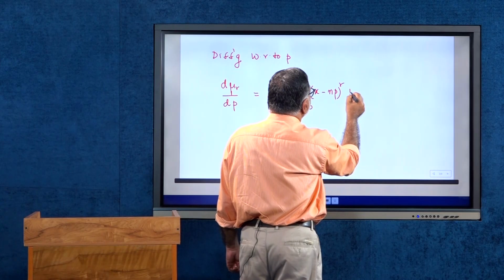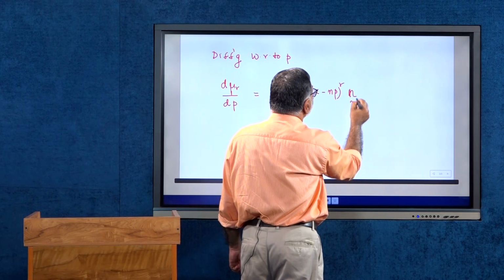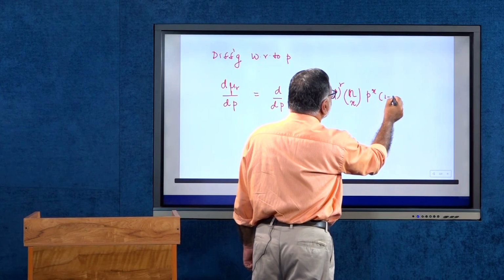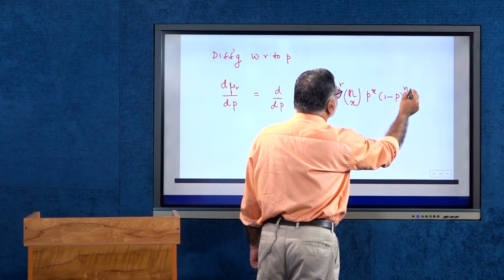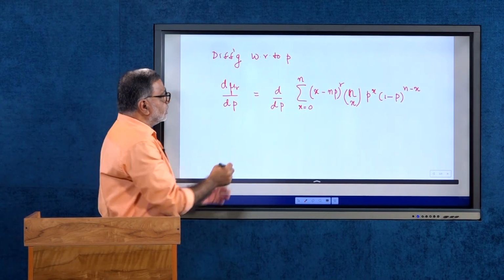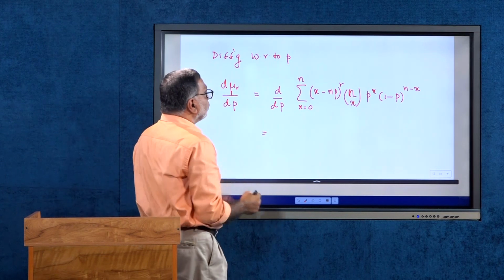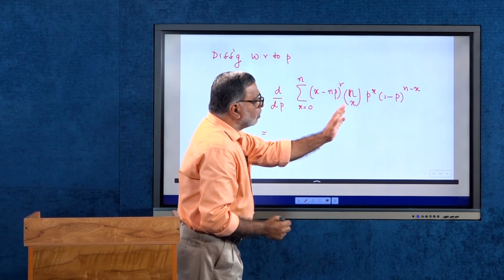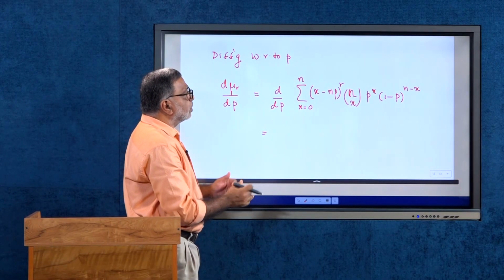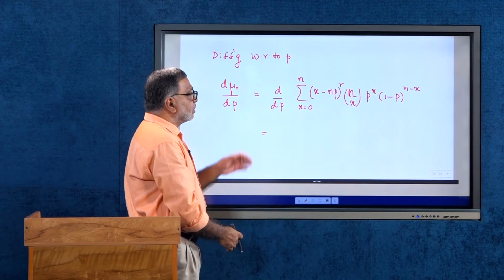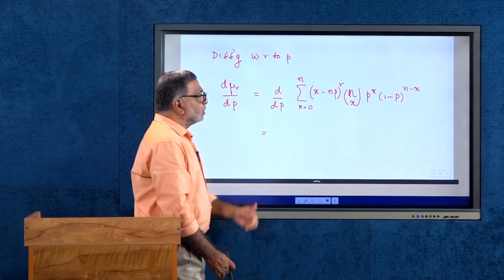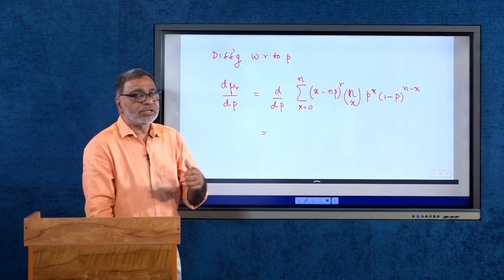nCx p power x 1 minus p all power n minus x. When we are differentiating a sum of functions, that is the same as the sum of the derivatives of the functions.